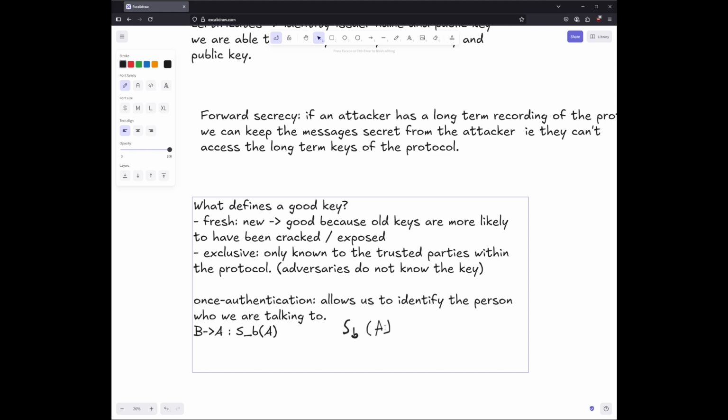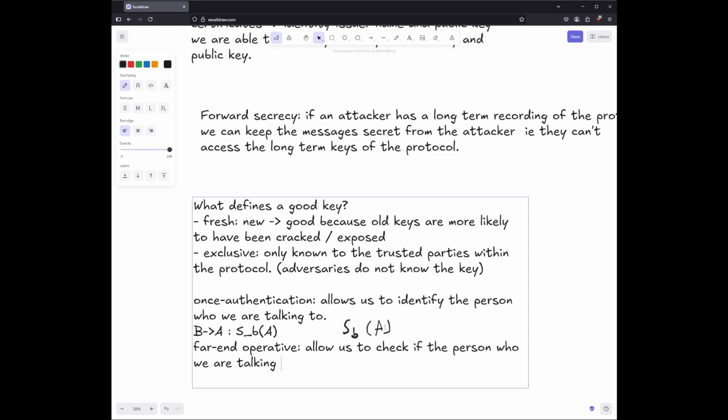So in order to show that they're currently active, we have this thing that Shay mentioned in the chat earlier called far end operative. Now, this far end operative will allow us to check if the person who we are talking to is currently active in communication.